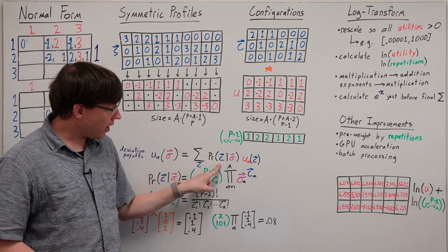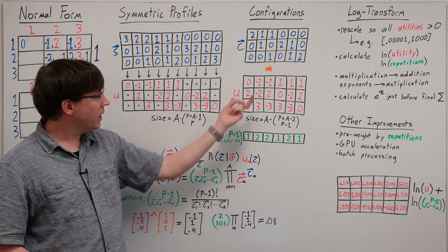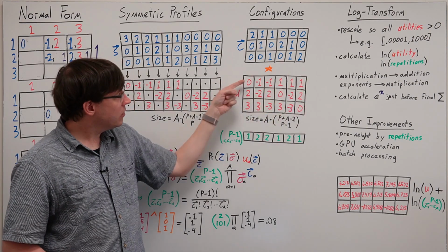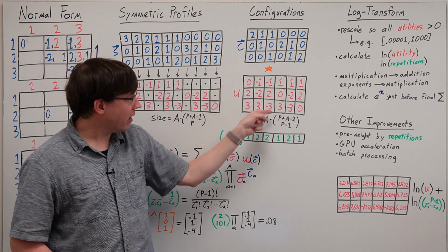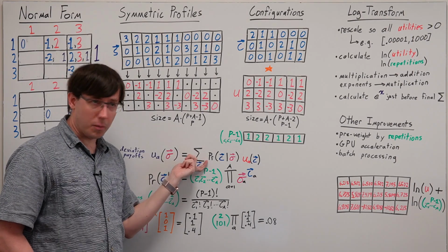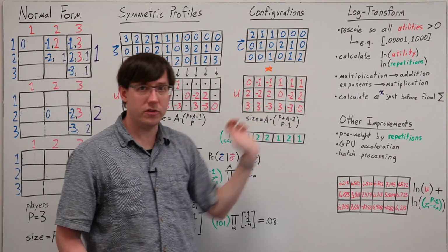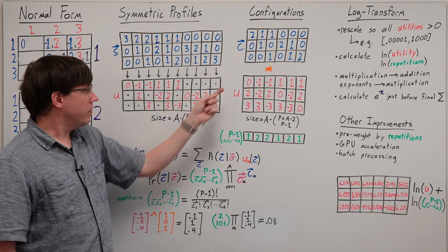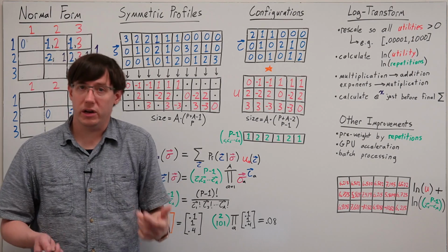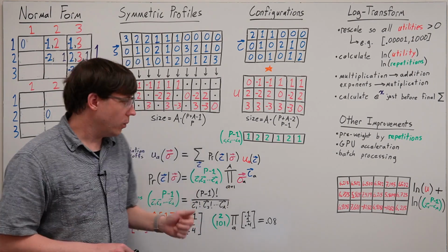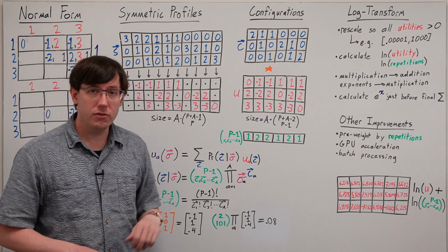Then, when we have the probability of each configuration, we can multiply that element-wise with the utilities so that we are weighting all of these payoffs by the probability that they happen. And then this sum is over the configurations dimension of the array, and that gives us a vector of deviation payoffs for each action.